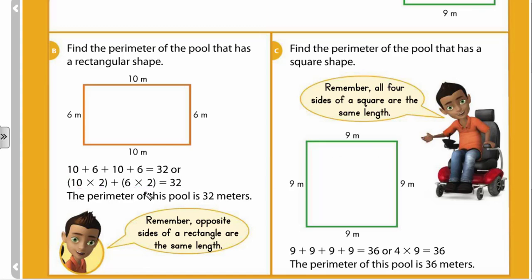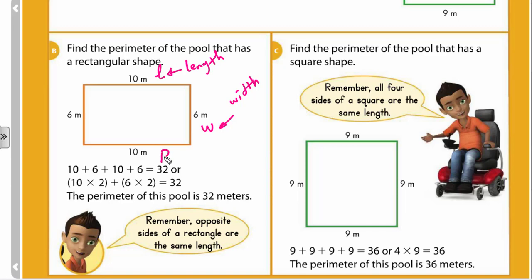Okay, so for the rectangle, my heroes, again, we call this one length. I will use the letter L for length, and the letter W for width. So this is L for length and W for width. If we need to find the perimeter, I write it here.